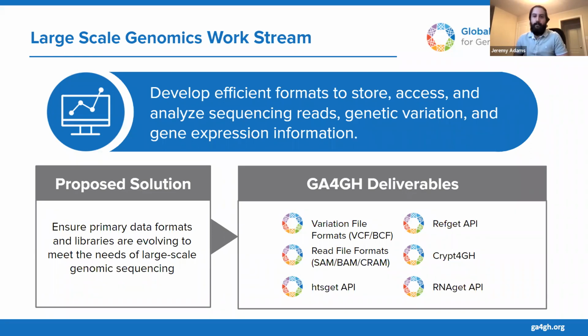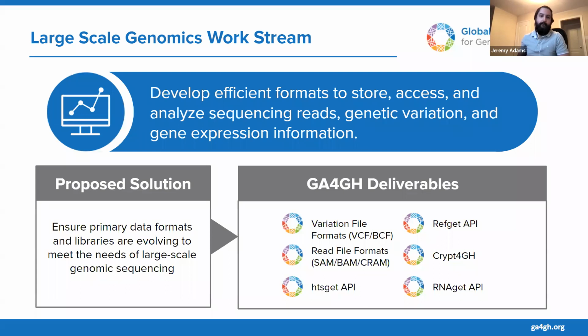The LSG workstream envisions a landscape in which traditional file-based approaches to accessing that information are no longer scalable, and instead researchers must use standardized API interfaces to access the data effectively. You can think of the large-scale genomics standards falling into two broad categories, one being file formats and the other being APIs, and they're related to each other, but they're distinct.